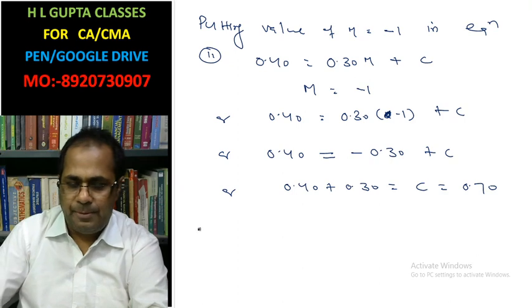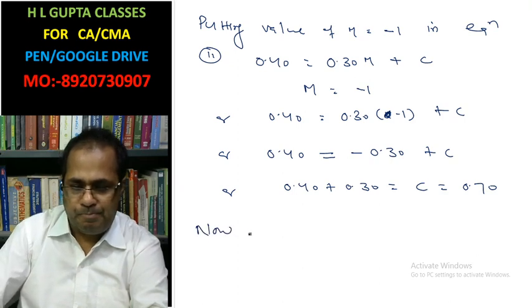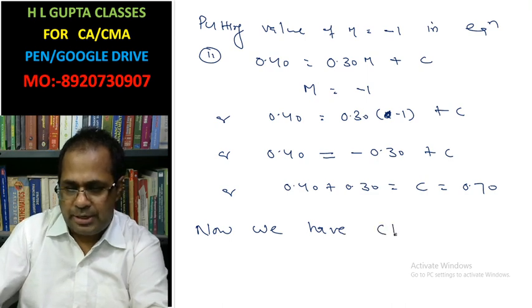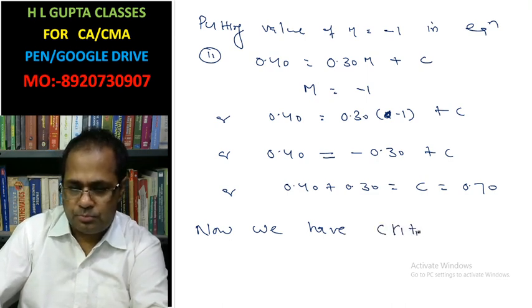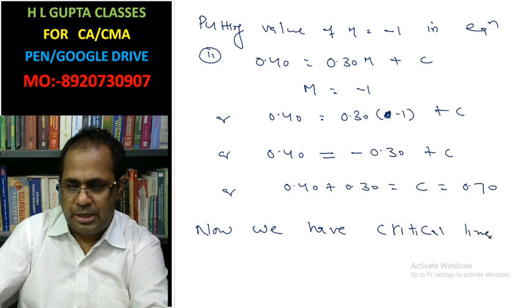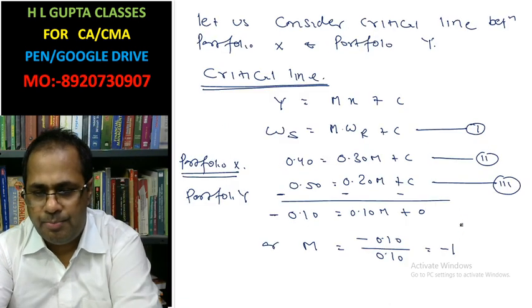Now we have the critical line. What was the critical line we have?